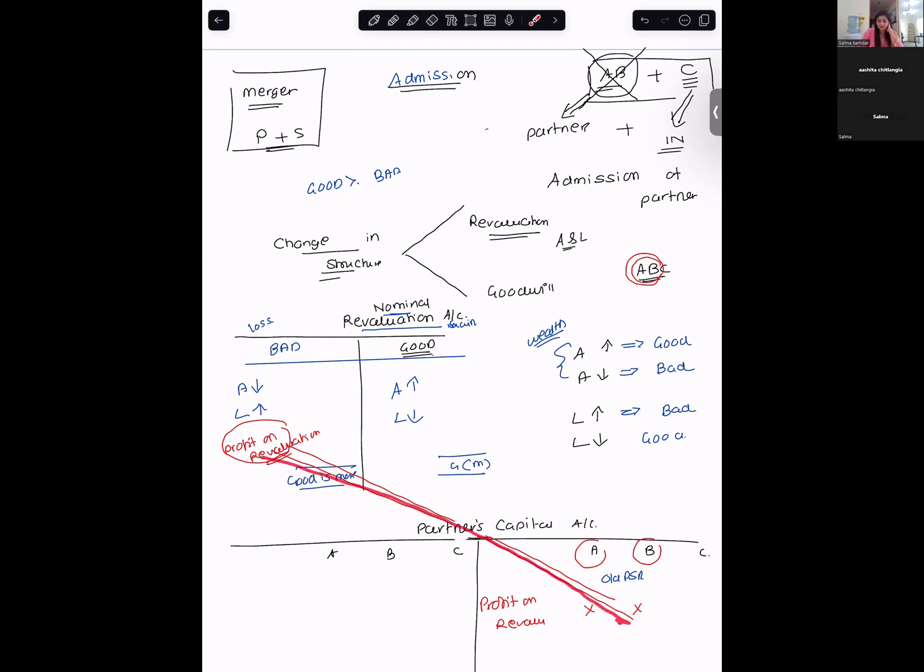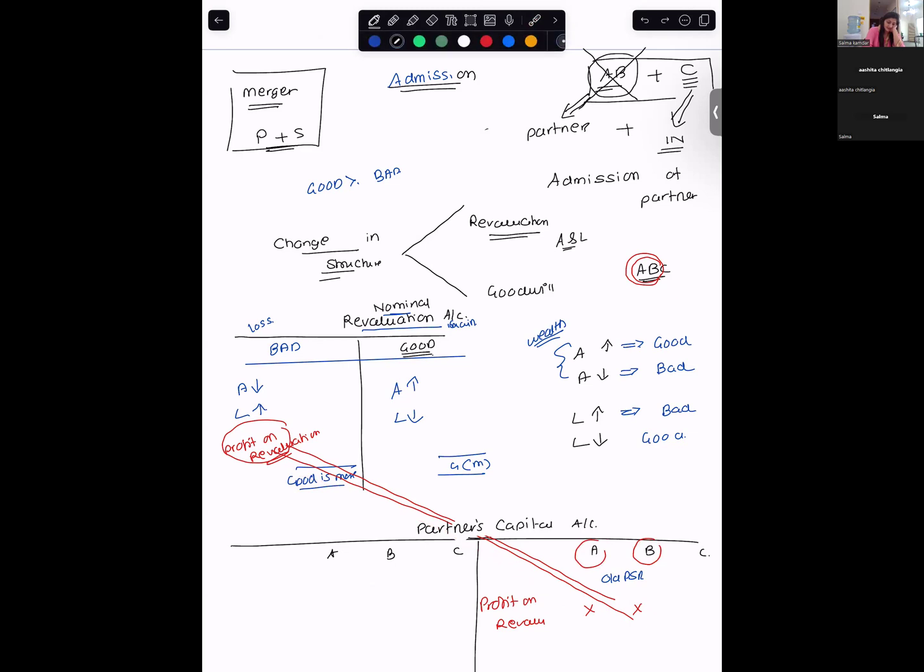And it will be distributed amongst the old partners in the old profit sharing ratio. So the profit on revaluation will be transferred from the revaluation account to the partners capital account and distributed amongst the old partners in the old ratio.